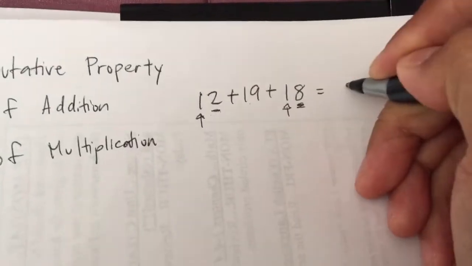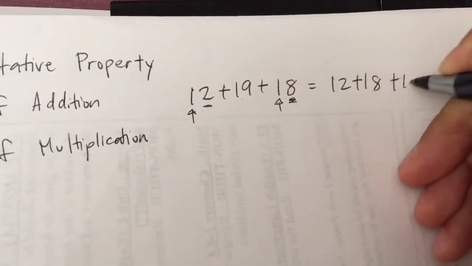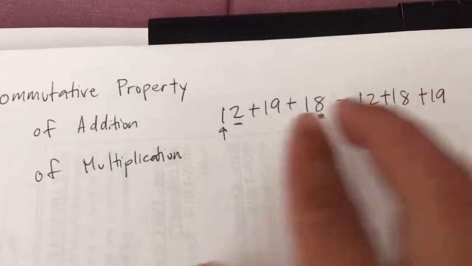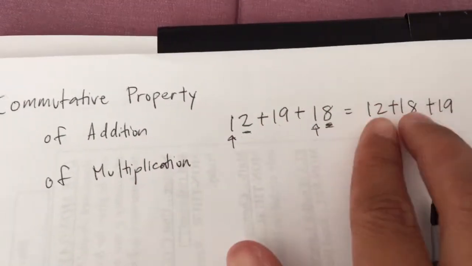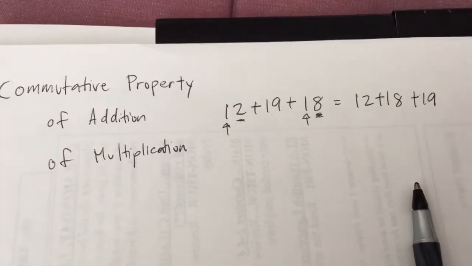And so if I were to rearrange that, 12 plus 18 plus 19, these are called add-ins. If I were to switch the add-ins around, the 18 and the 19, so that I could add the 12 and the 18 first, I'll still get the same answer or the same sum.